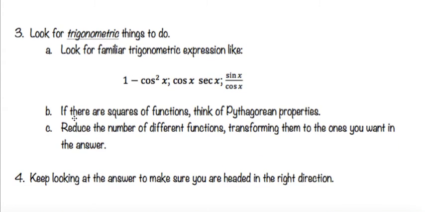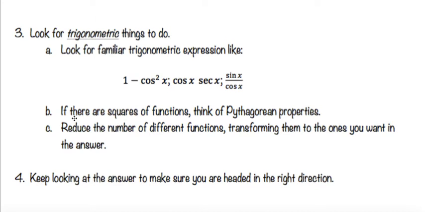So then there are also the trig things to do. If you've got 1 minus cosine squared theta, you might want to replace that with sine squared theta. Or if you've got a secant x, you might want to replace it because the reciprocal of secant is 1 over cosine.